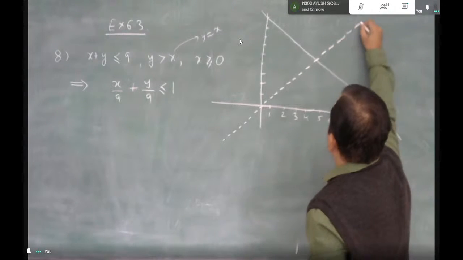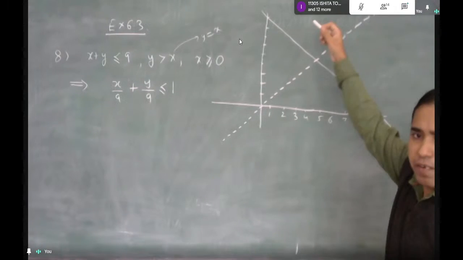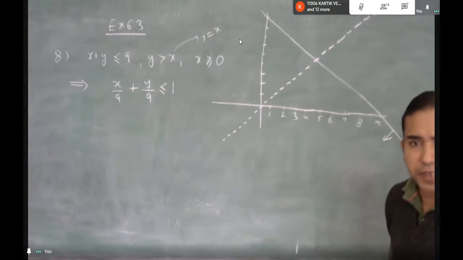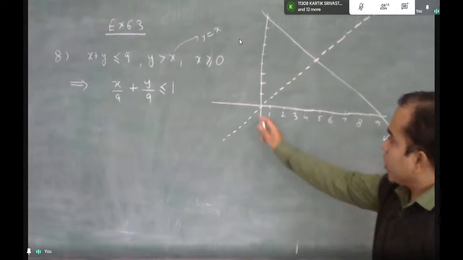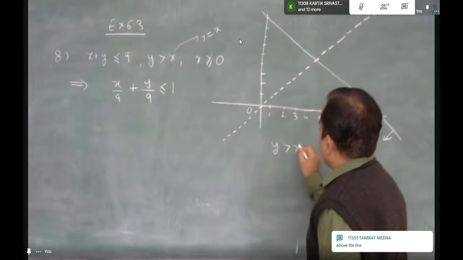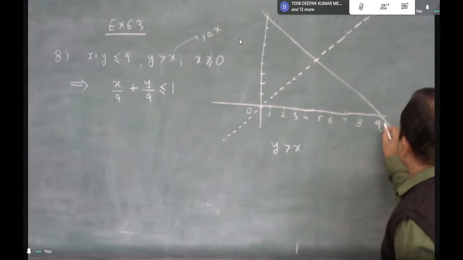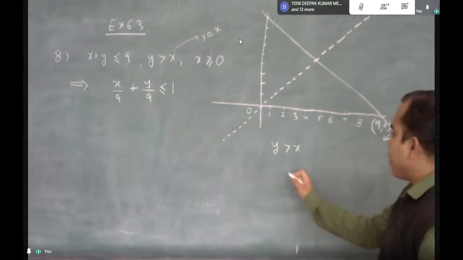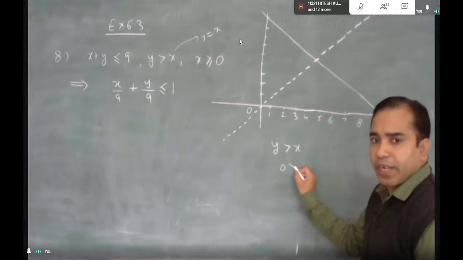Now, can someone tell whether below the line or above the line, which side I should shade? Can anyone tell? Origin coordinates do not put here. Any other point you take. For example, if I take 9, 0, and if I put it in place of x and y, so 0 greater than 9.